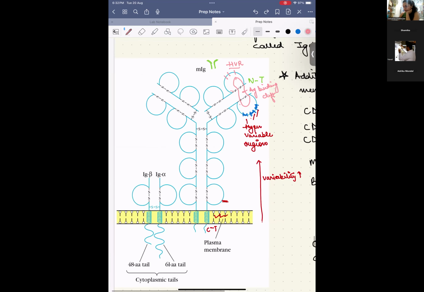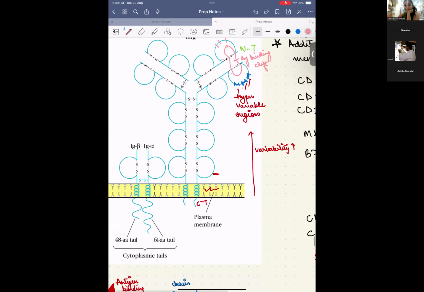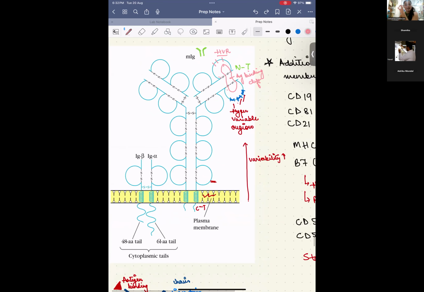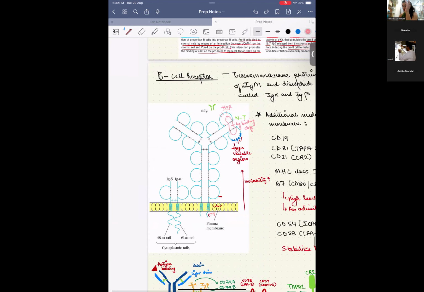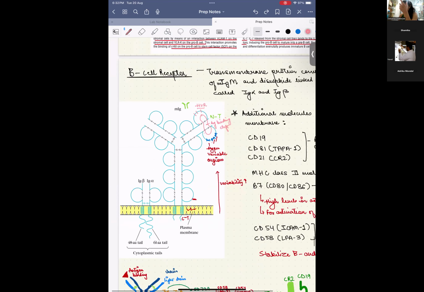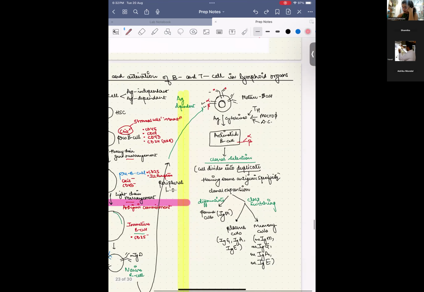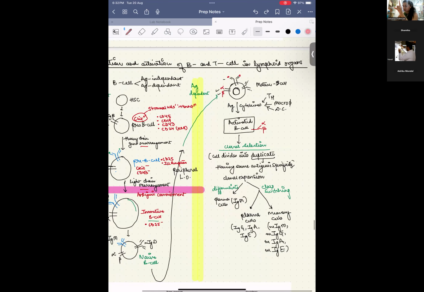Now, once the antigen binding has happened, that is just one event in the overall process of activation. Look back, we have a mature B cell which can bind antigen, but it has to get activated. Upon activation, clonal proliferation has to occur.